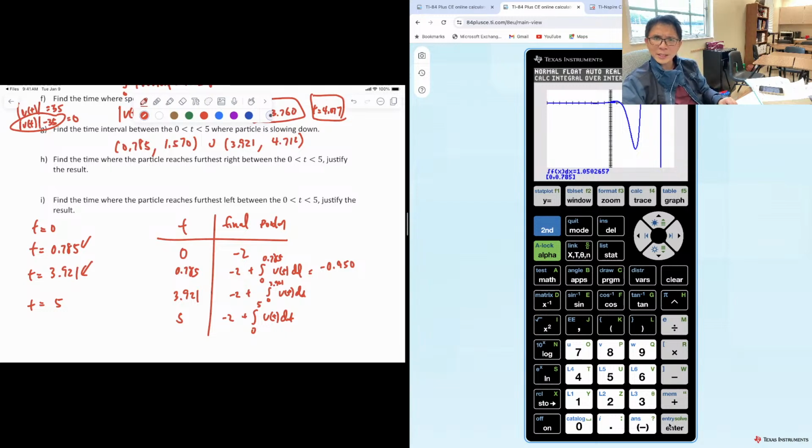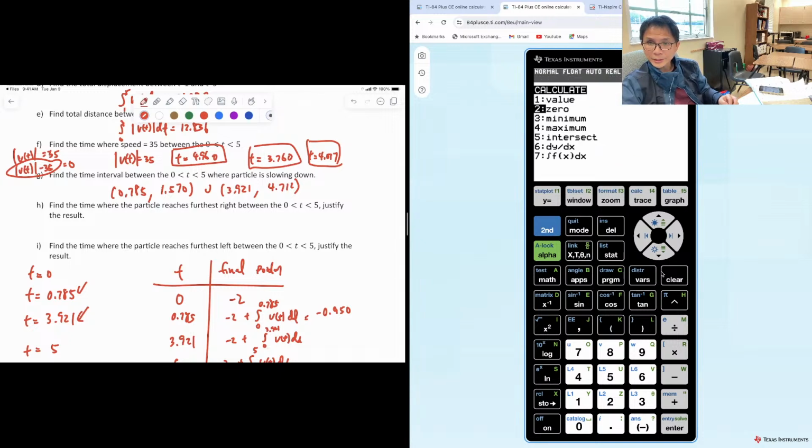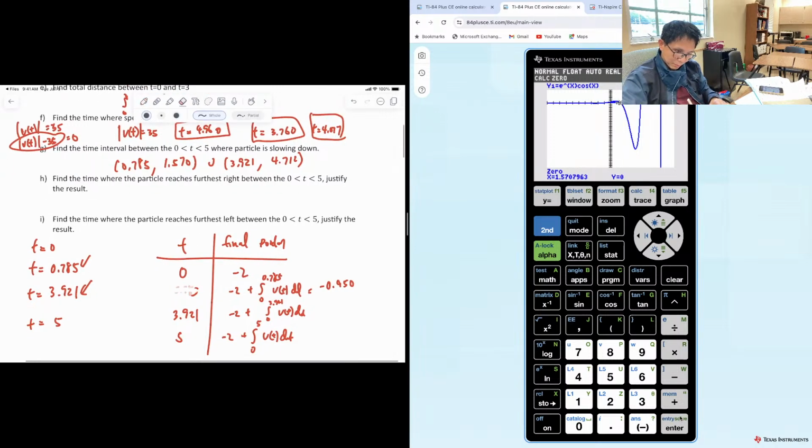Wait, 785? No, it's not 785. It's what? 1.57? No, where's the first x-intercept? Hold on a second. Let me calc where the zeros is. Hold on. Let me make sure this is correct. 1.57. Oh, it's supposed to be 1.97. So it'll be 1.57. This is the 1.571.